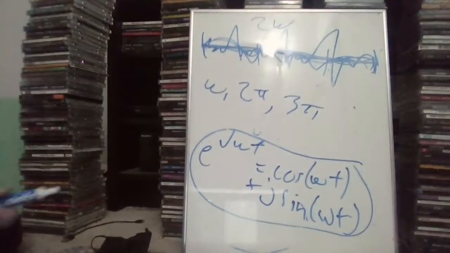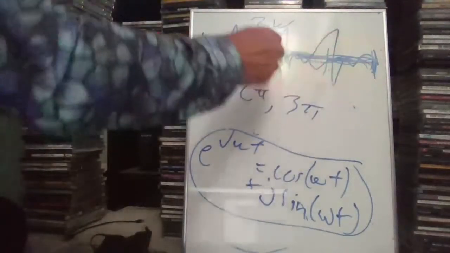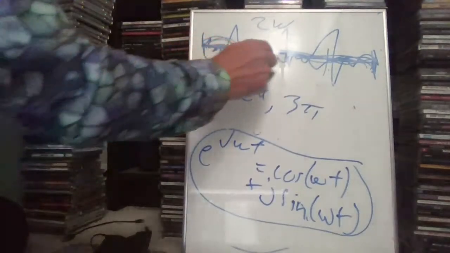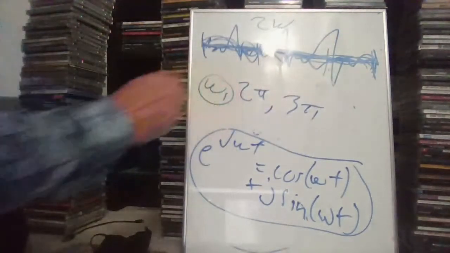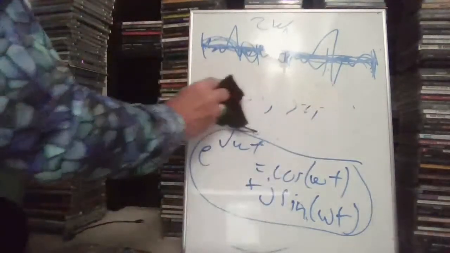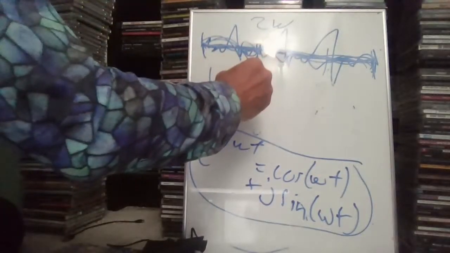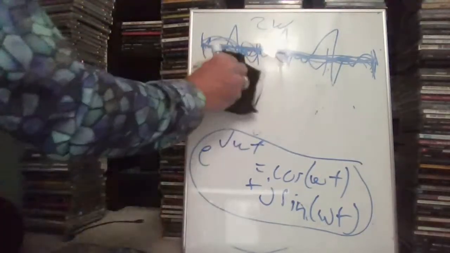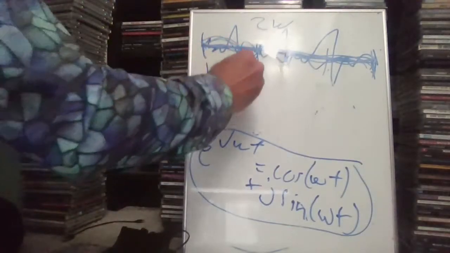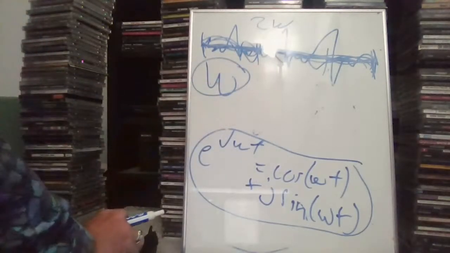So this function that's periodic is periodic at the fundamental frequency, but also every multiple of that. I'm going to call the fundamental frequency omega.